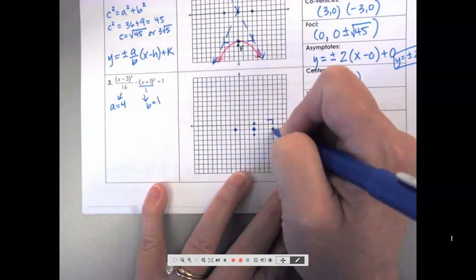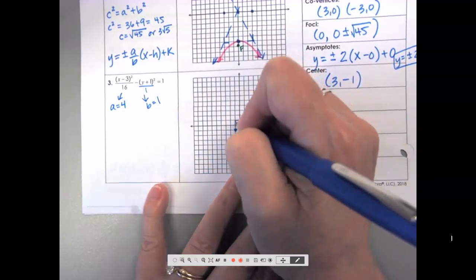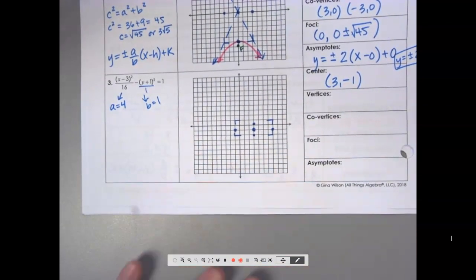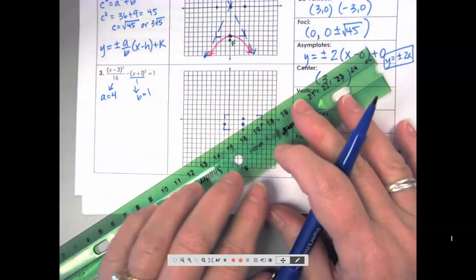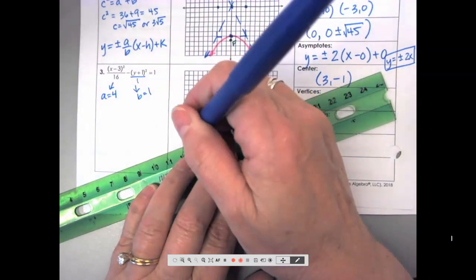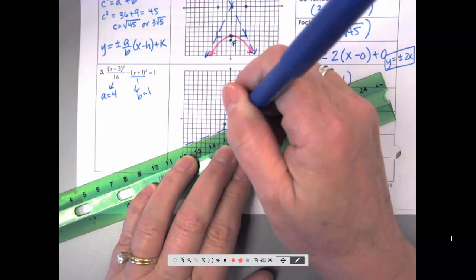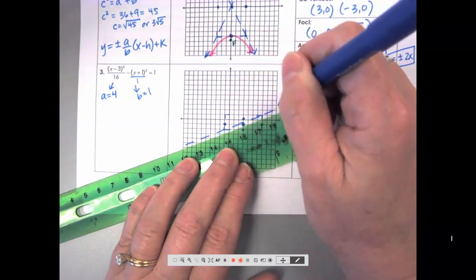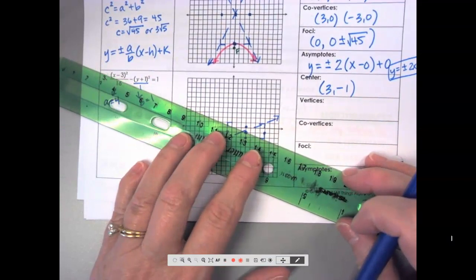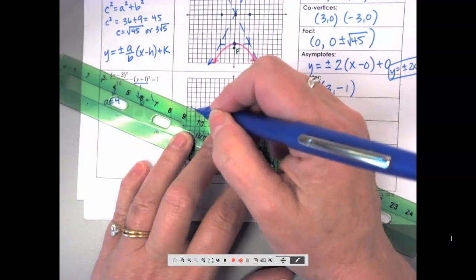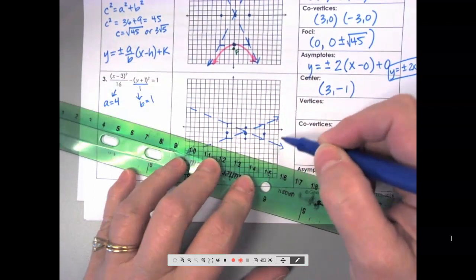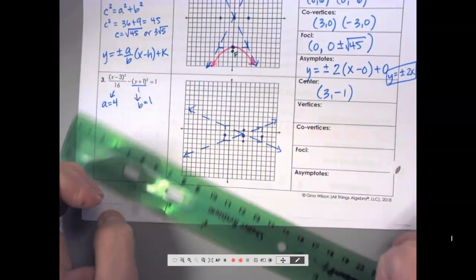Okay, so we've got little corners here. Dot the asymptotes. Okay.